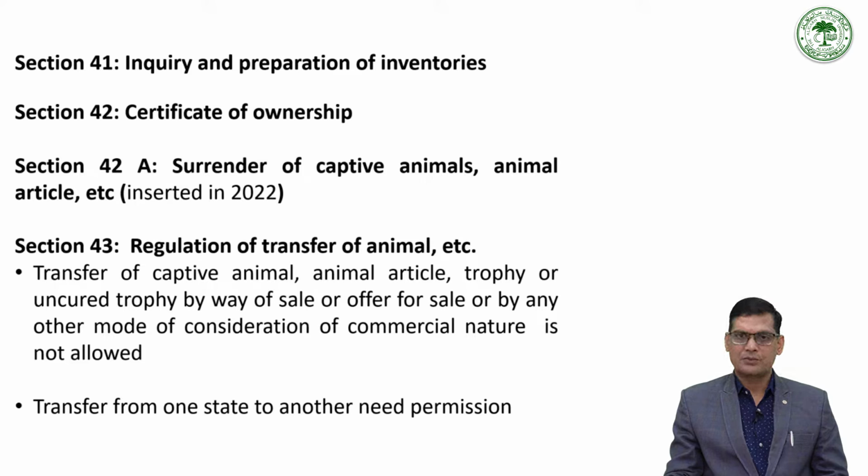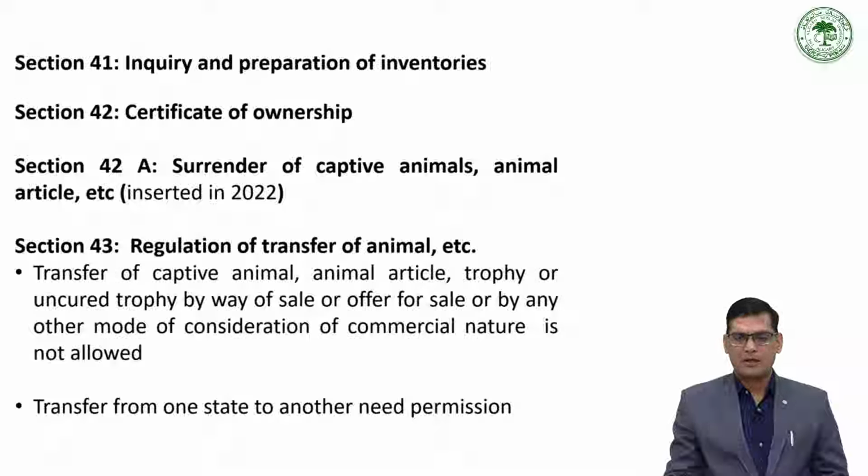Under Section 42, the Chief Wildlife Warden may issue a certificate of ownership to a person who is in lawful possession, after ensuring that the applicant has adequate facilities for housing, maintenance and upkeep of the animal.